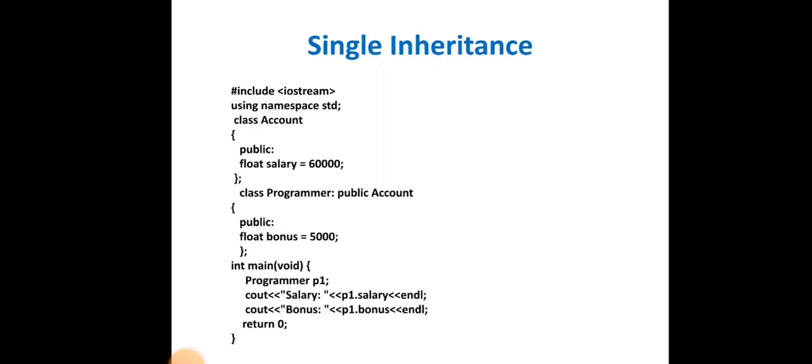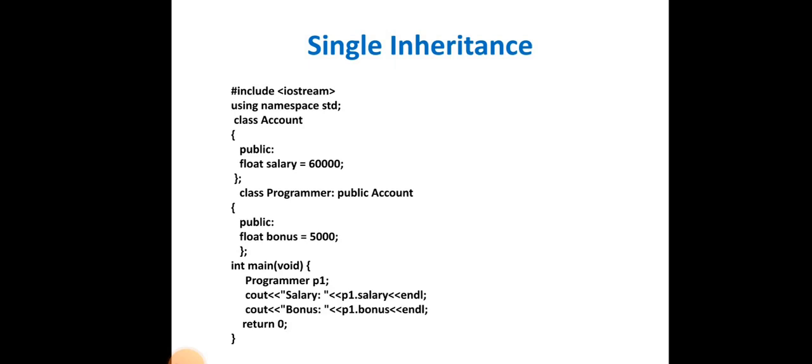For example, here we have two classes, class account and class programmer. Class account is the base class and class programmer is the derived class. Inside class account, under the public access specifier, we declare a float variable with the value of 60,000, and after closing the class, we start the class programmer.